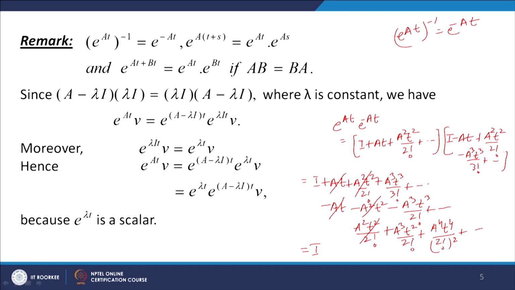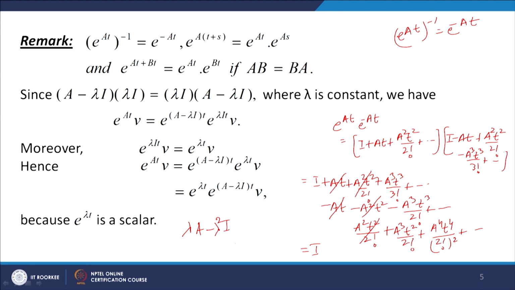Now, let us look at these two matrices, a minus lambda I, and lambda I. A minus lambda I into lambda I is same as lambda I into a minus lambda I. Why? Because a into lambda I is lambda a, and then minus lambda I into lambda I is minus lambda square I square. So, we get lambda square I. So, left hand side is this and right hand side is what?